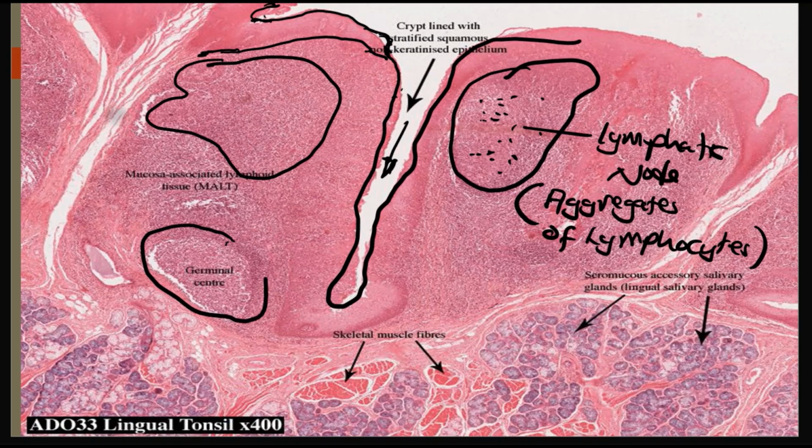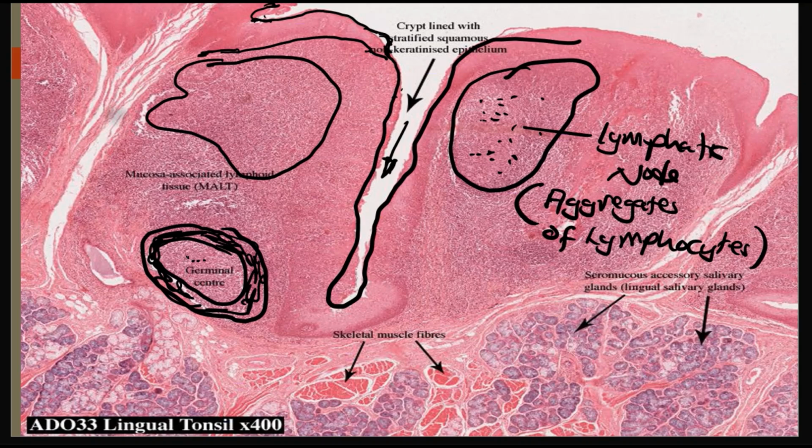If this is a lobule, you can see here that on the periphery it is dark. This dark periphery has non-dividing lymphocytes, but at the center here it is light. This center is called the germinal center. The reason why the germinal center is light is because it has dividing lymphocytes.